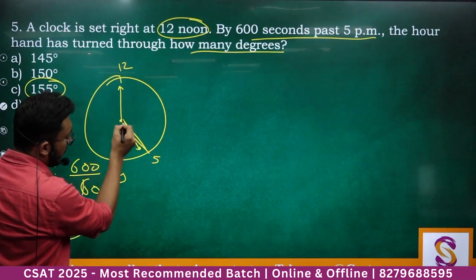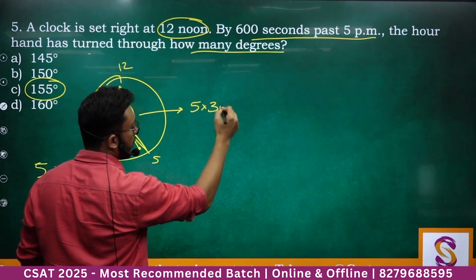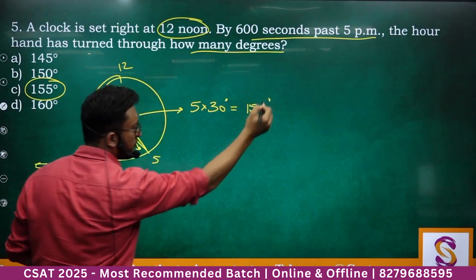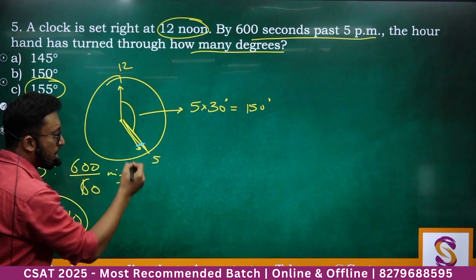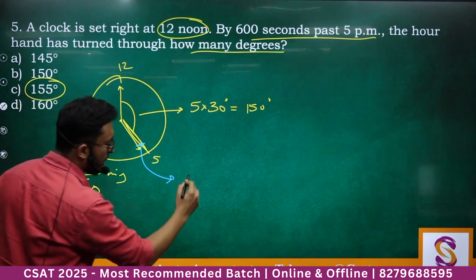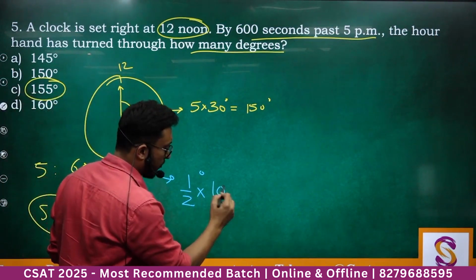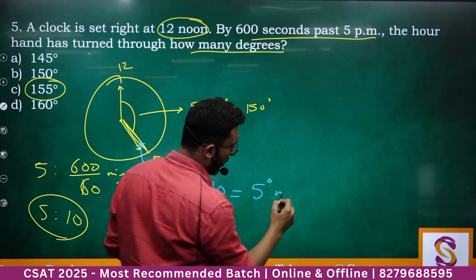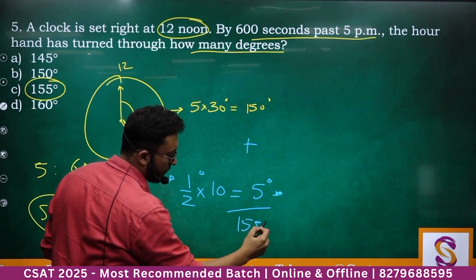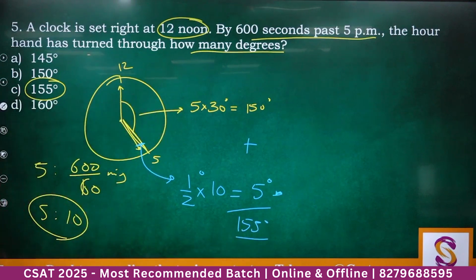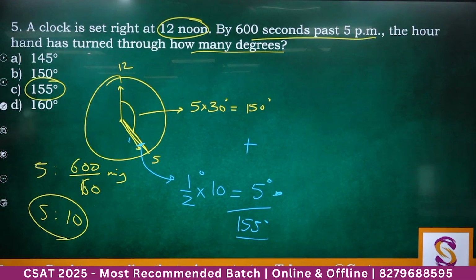Had the time been 5, so this angle would have been 5 sectors, each sector of 30 degree, that is 150 degrees. After this, for the next 10 minutes my R hand will rotate. It rotates by a speed of half degrees per minute. For the next 10 minutes it will rotate, so it will rotate by 5 degrees. Total will be 155 degrees. This is 150, this is 5 more. ठीक है, done.